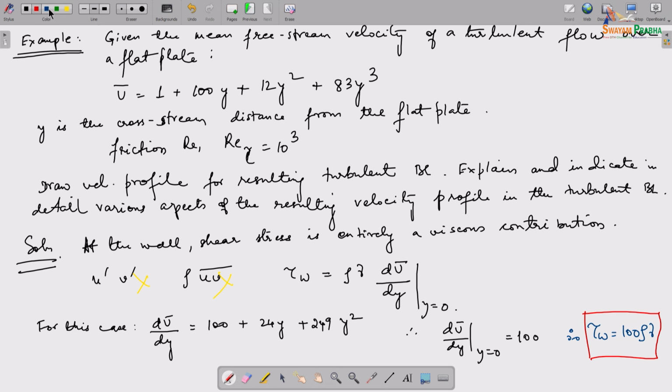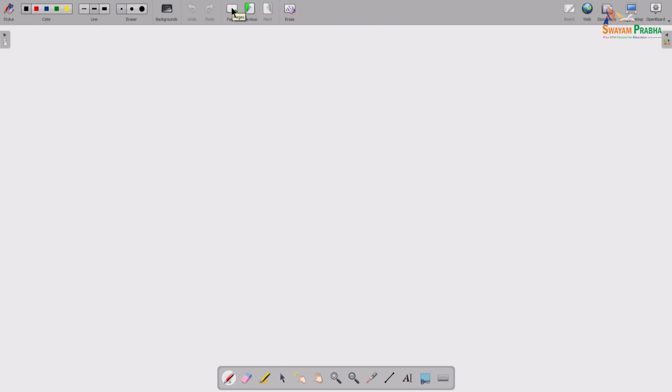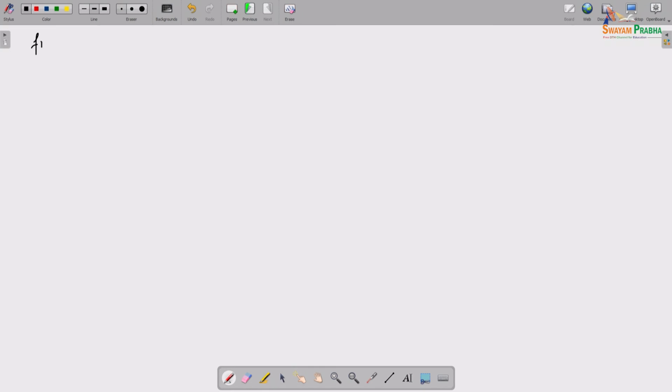Then, let us do a few calculations, because now we are talking about a viscous sublayer. Let us say the friction velocity u tau is equal to the square root of tau w by rho.